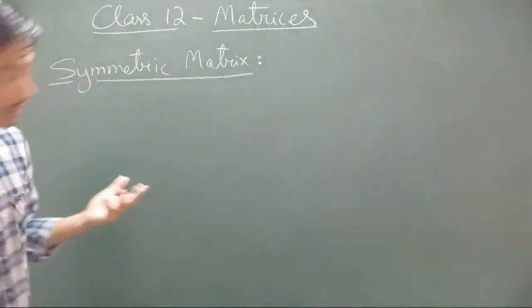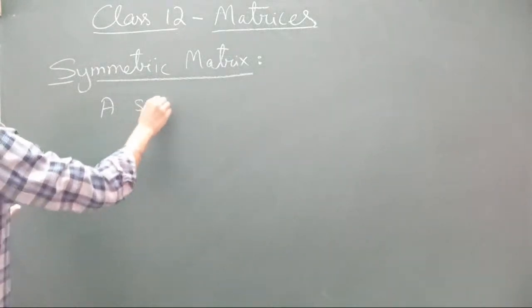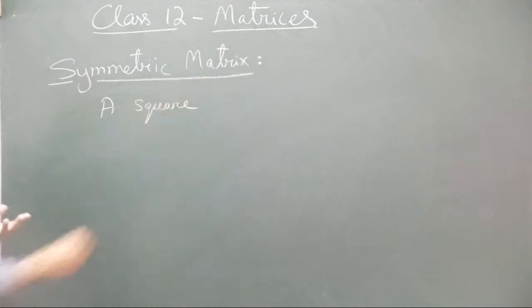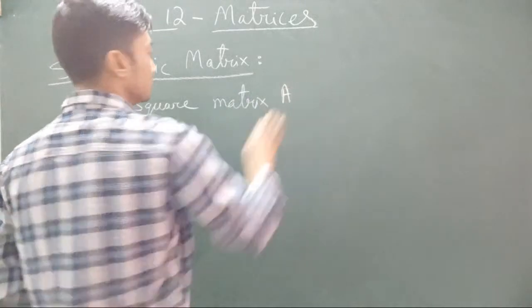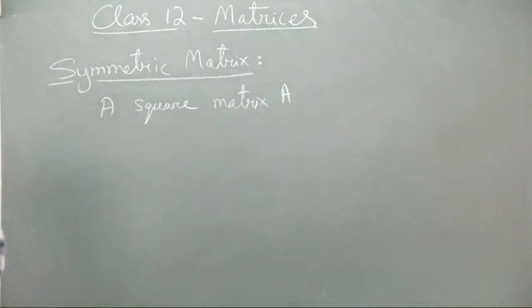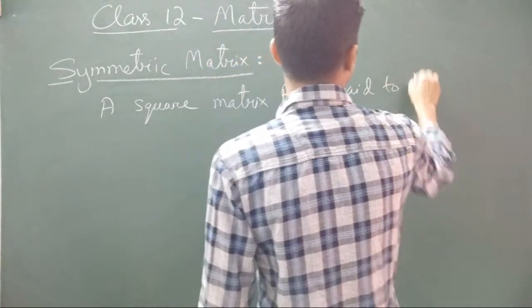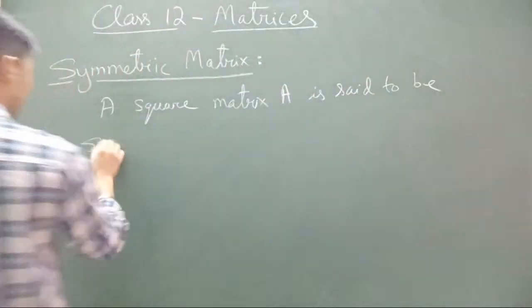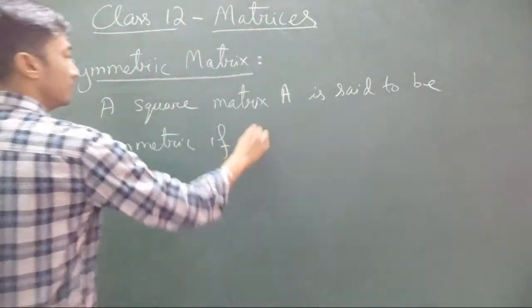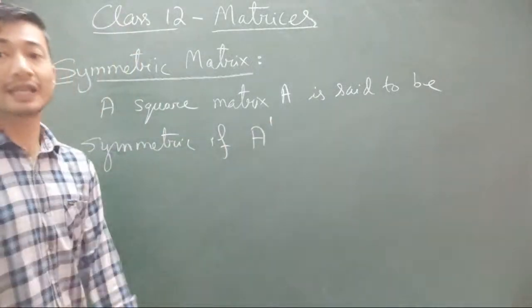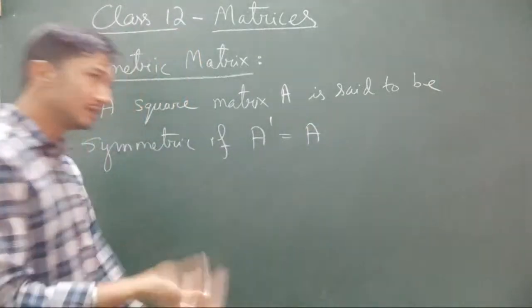So that means what happens here for a symmetric matrix is, again, as usual, I will give you the definition. A square matrix A is said to be symmetric if the transpose of A is the same as the matrix itself.